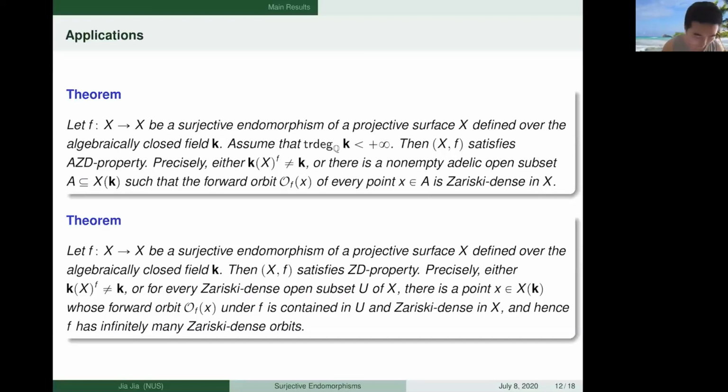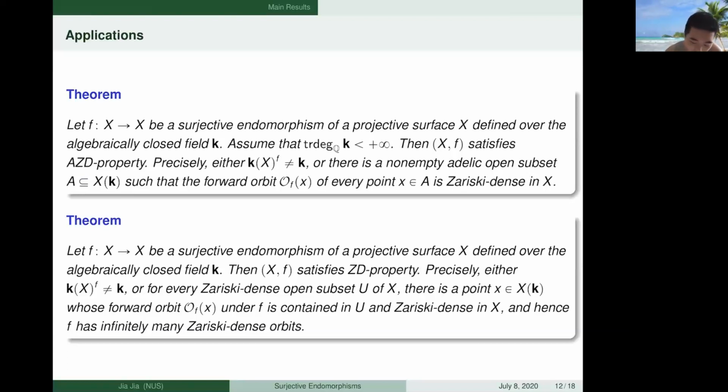But in that case, we don't have this structure theory for what kind of resolution of X it can be.